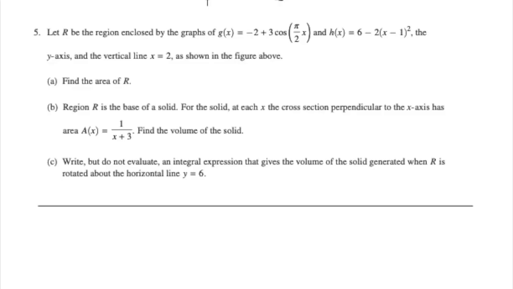Part C. Write but do not evaluate an integral expression that gives the volume of the solid when R is rotated around the horizontal line y equals 6. Okay, well, this one is pretty simple, so we do the same two bounds.